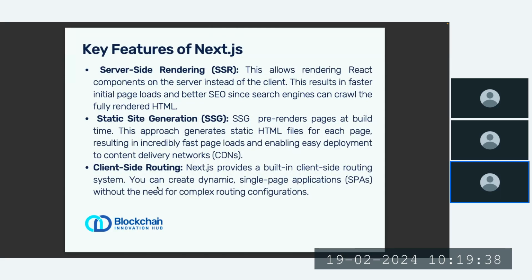Firstly, server-side rendering. When we say server-side rendering, this allows rendering React components on the server instead of the client. This results in faster initial page loads and better search engine optimization, since search engines can crawl the fully rendered HTML. So what happens is the React components are rendered on the server, and the server sends the HTML to the browser, and then the browser renders it.